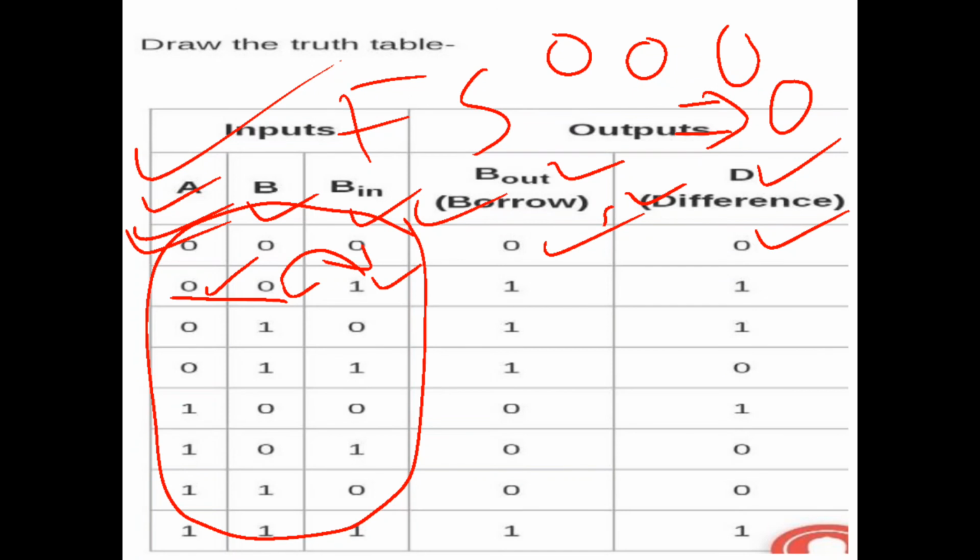So in this example, 0 1, we know that we have to take a borrow, that is 1, and the difference value will be 1. Similarly, if we talk about this input, it is 0 1 0. So again the borrow will be 0, the difference will be 1.